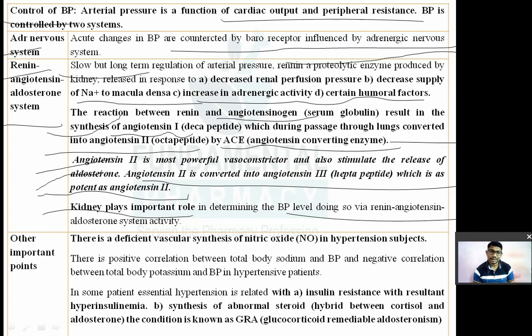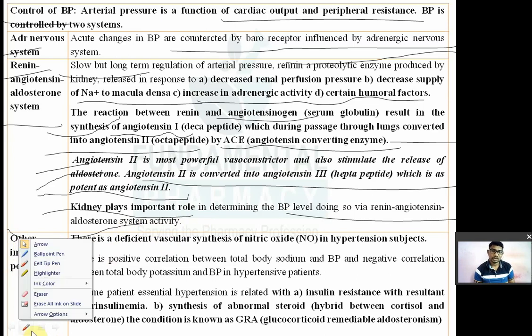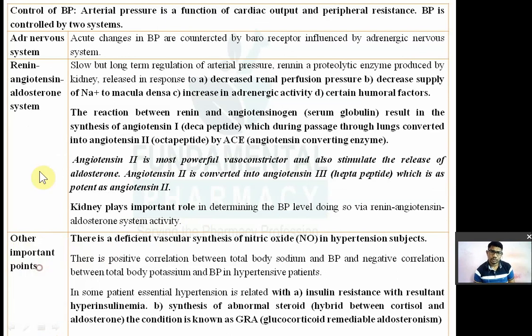So the kidney regulates your blood pressure through the regulation of renin, angiotensin and aldosterone. It is very important, you have to remember this, particularly that angiotensin 1 is a decapeptide, angiotensin 2 is an octapeptide, and angiotensin 3 is nothing but a heptapeptide.